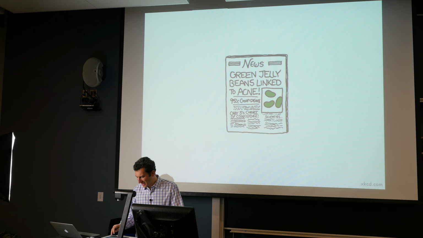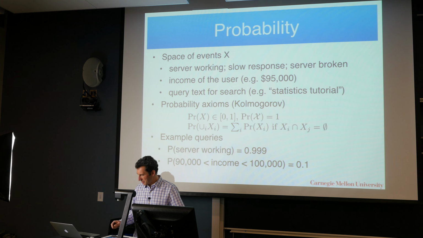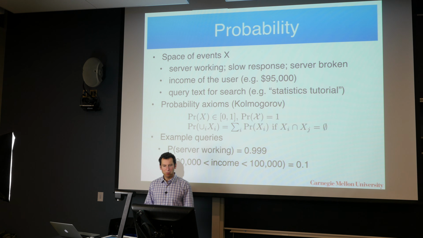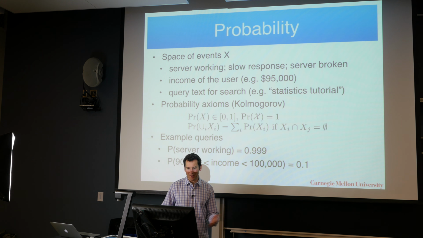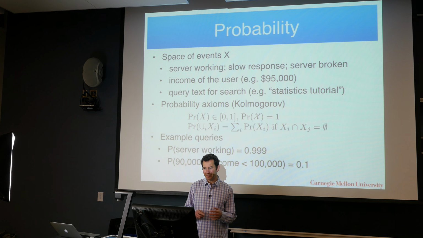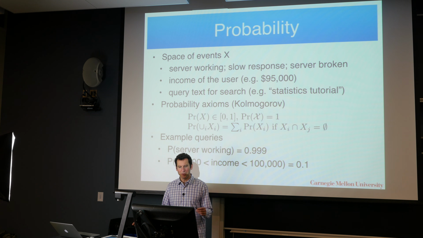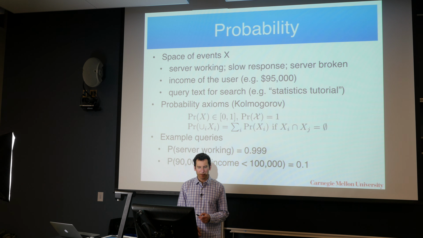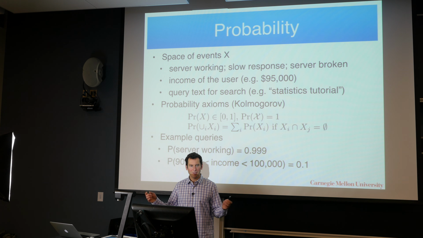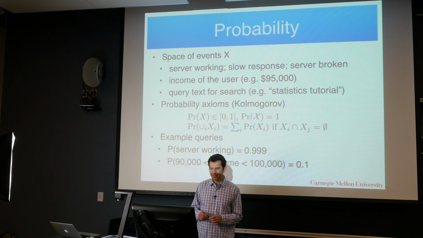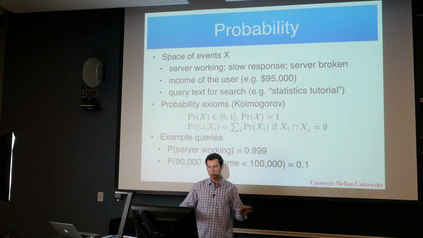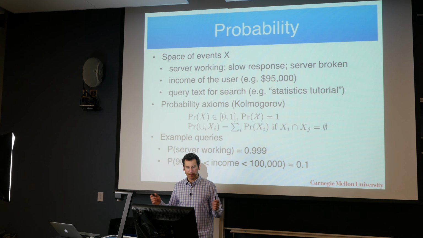So remember this. Now, let's start really gently, namely with probabilities. So what are probabilities? Well, let's say we have a space of events, and those could be discrete events like the server is working, or it responds slowly, or maybe the server is broken. It could be something that's continuous, like the income of maybe the user using my website. Or it could be something in some discrete, very interestingly structured domain where, for instance, somebody searches for a statistics tutorial.